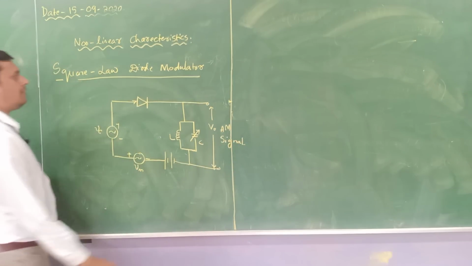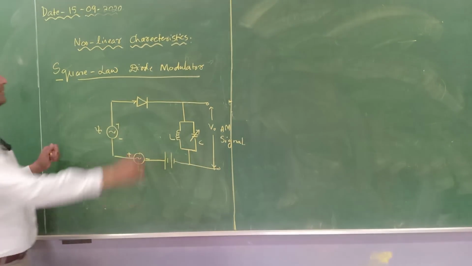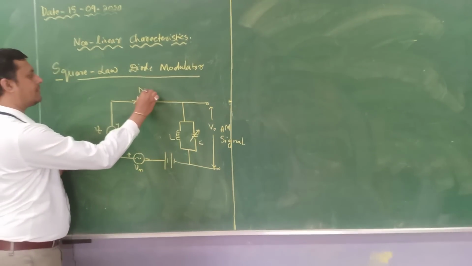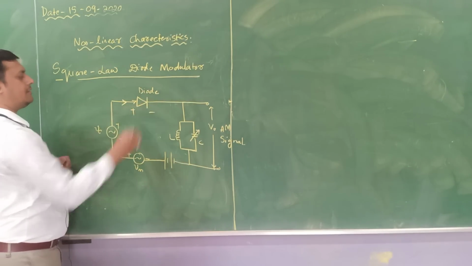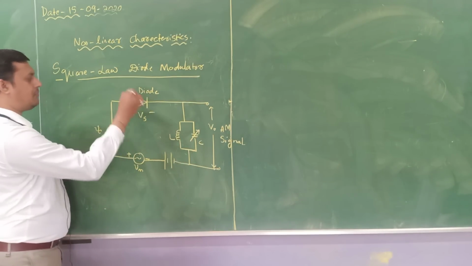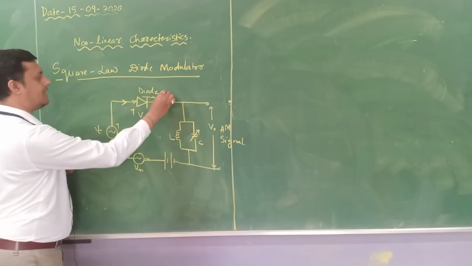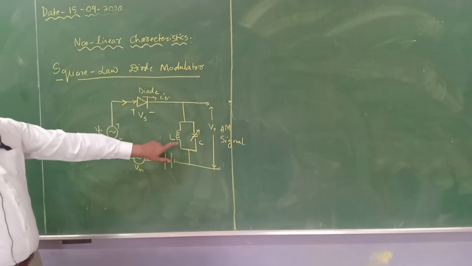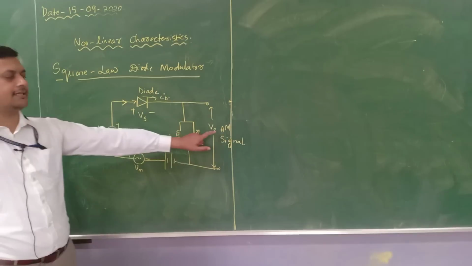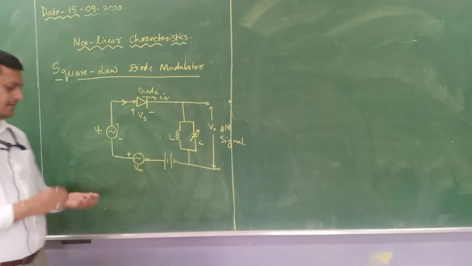This is the square law diode modulator. So this is the diode nonlinear element. Here Vs is provided and the diode current ID we have to identify, and that ID needs to be filtered out so that the AM signal can be generated.